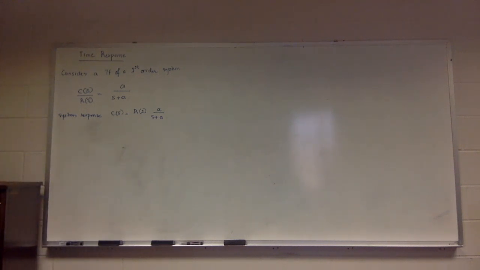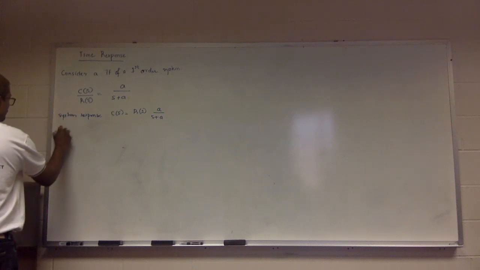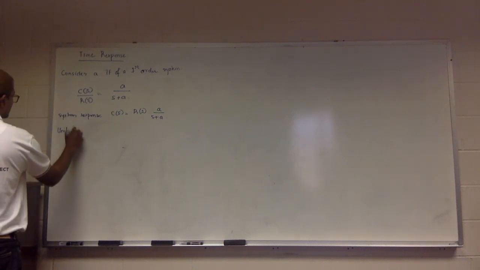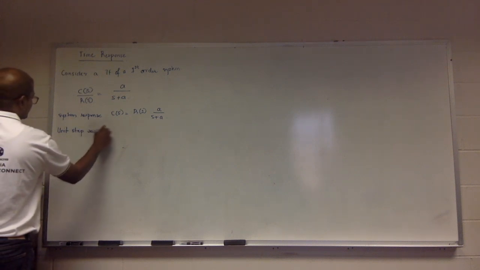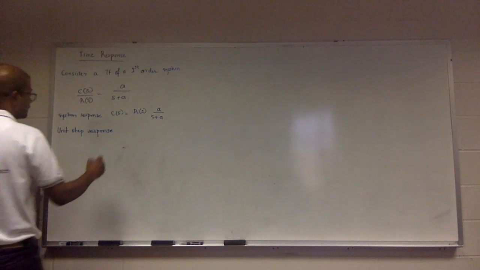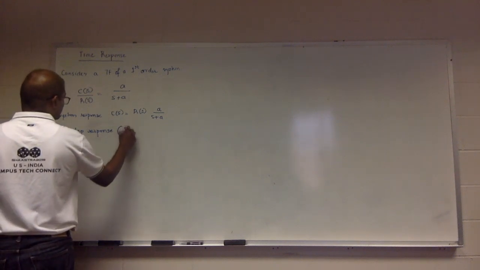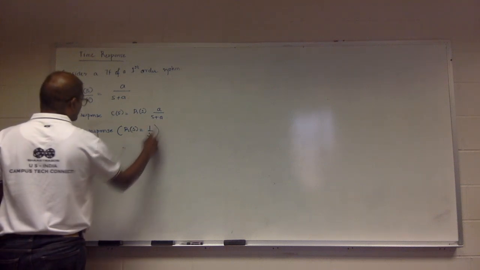So try to understand this. Okay, if I say unit step response, this inherently means that the input is what? 1 over S. Okay, it's a unit step input.